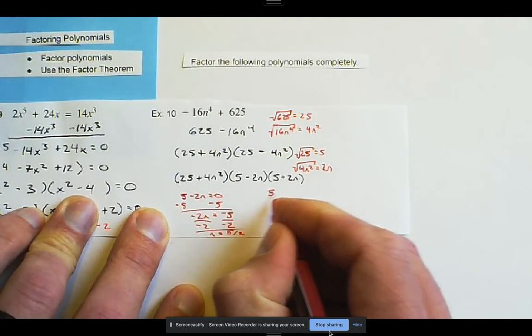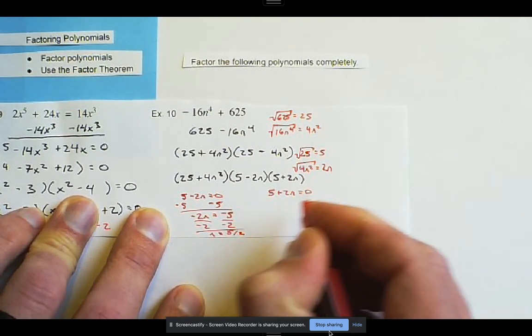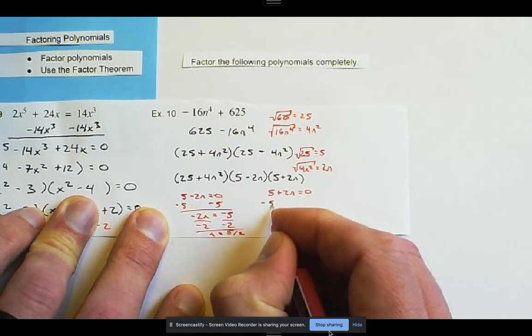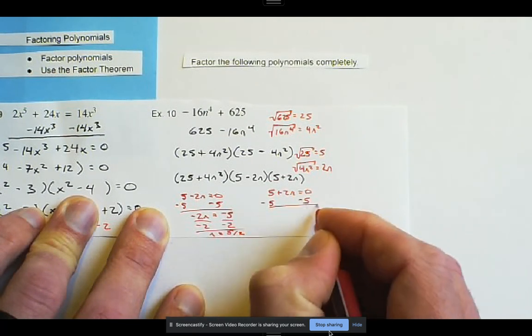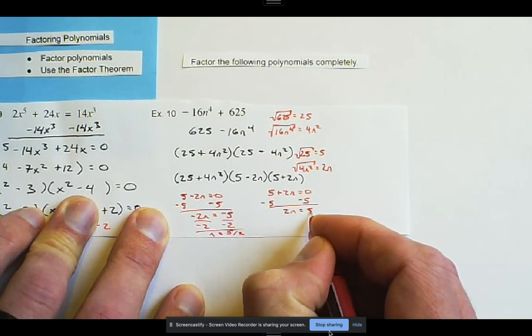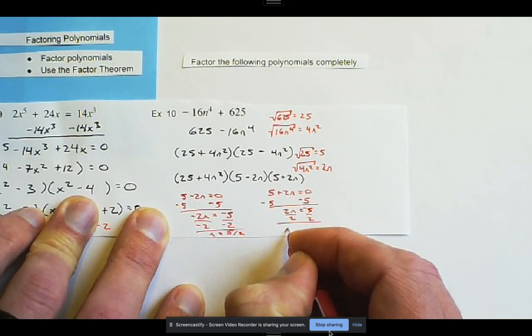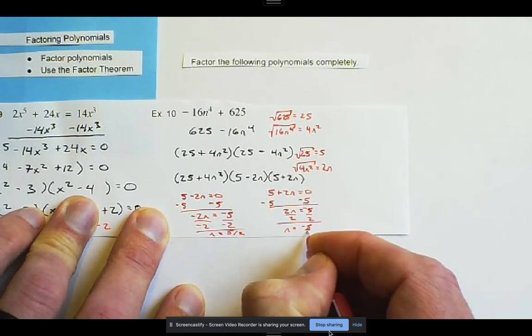Then we say 5 plus 2n is equal to 0. So we subtract 5, and we get 2n is equal to negative 5. Divide by 2, and we get n is equal to negative 5 over 2.